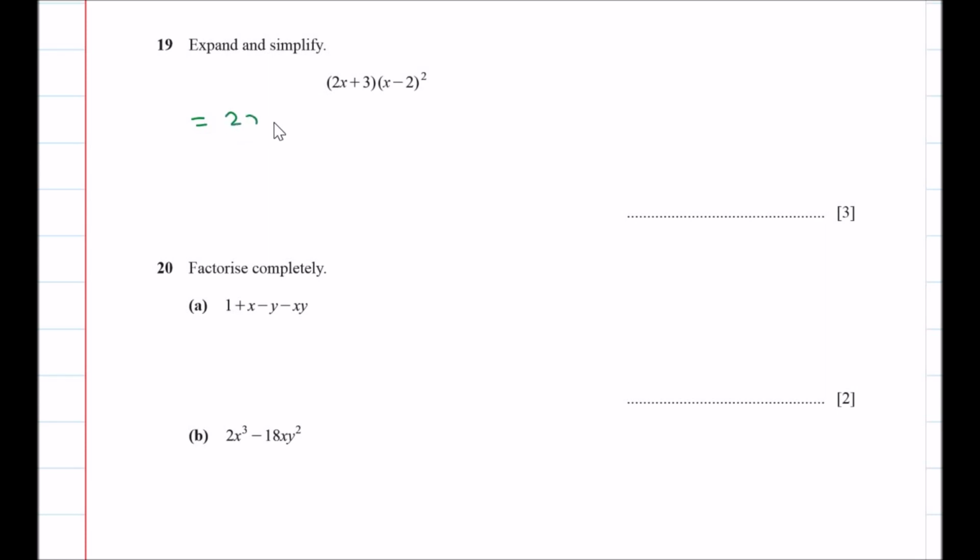So 2x plus 3 into x minus 2 into x minus 2. If you multiply the last two brackets, we get a quadratic, and that is given by x square minus 4x plus 4.